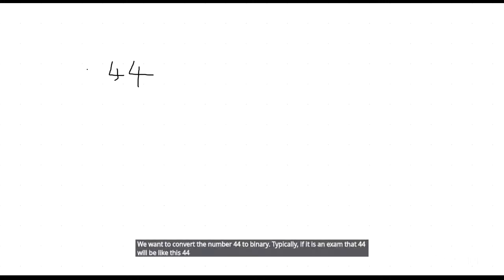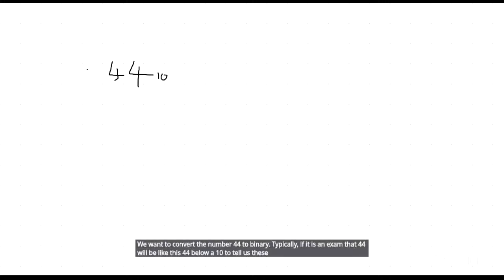Okay, so let me start. Let me write a number, an easy one, that I will do quickly: 44. We want to convert the number 44 to binary. Typically, if it is an exam, 44 will be written with a 10 below it, to tell you it's base 10.